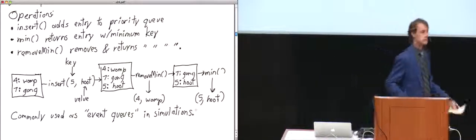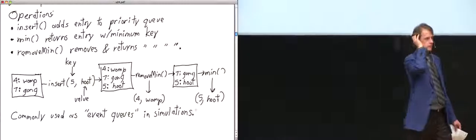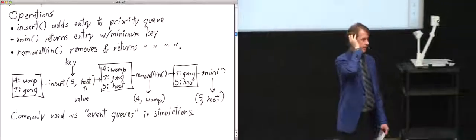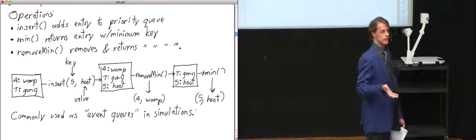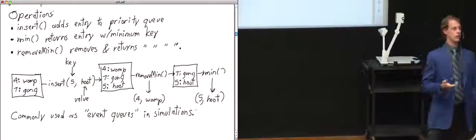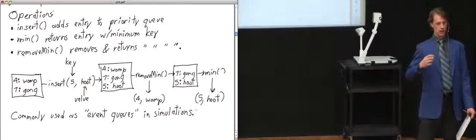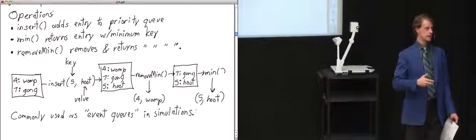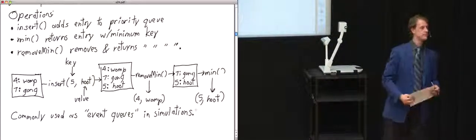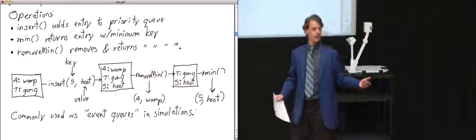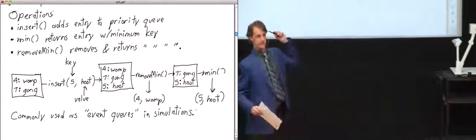It's possible. Do the keys have to be numbers? No, you could use strings and put them in alphabetical order. You can use anything you want as a key as long as you can have an ordering on it. Or in other words, write a compareTo method. So anything that implements the Comparable interface, you can do this.